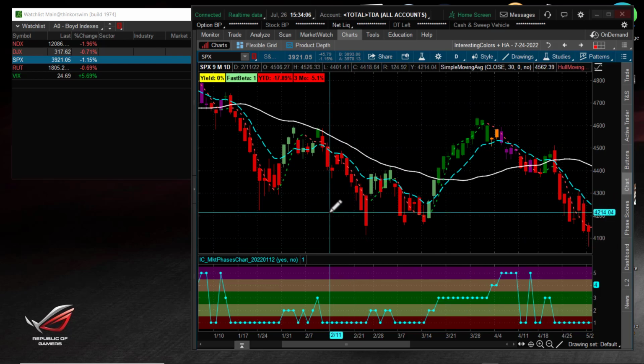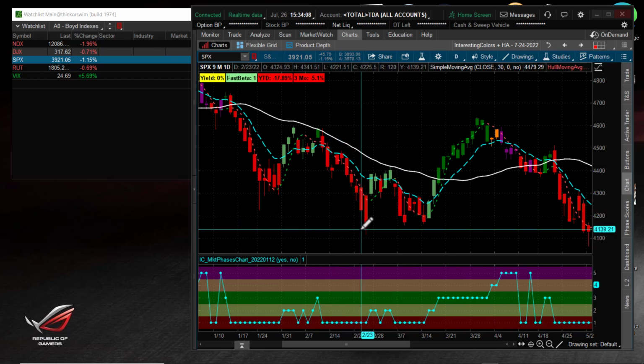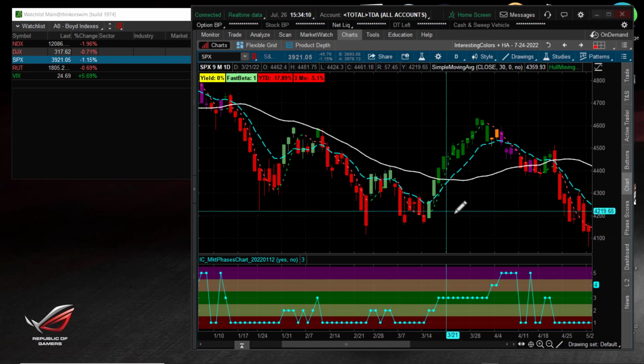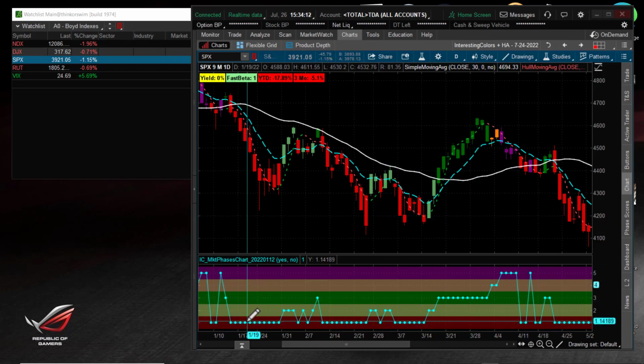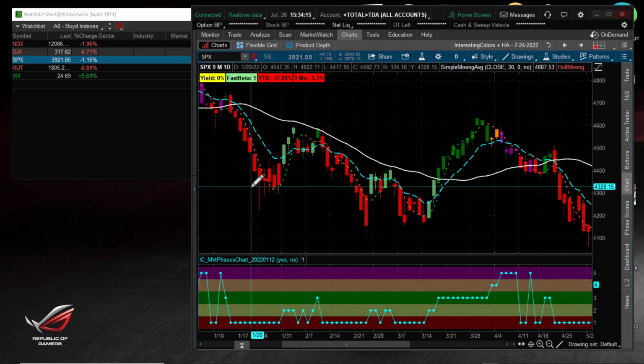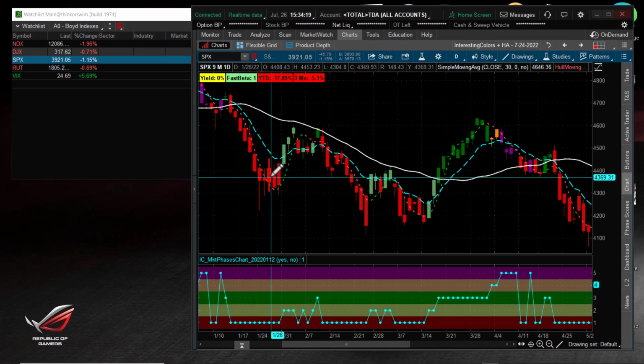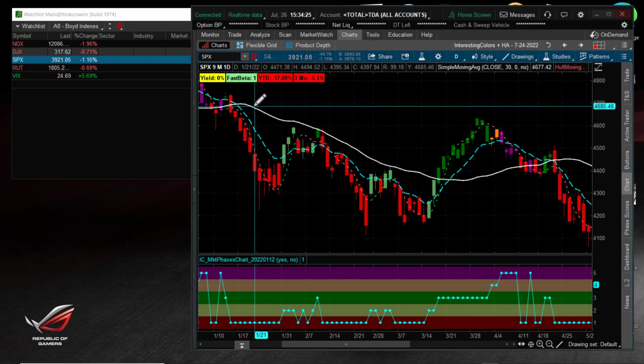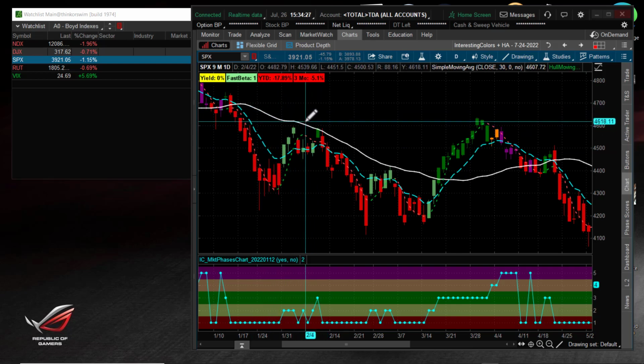Here's what it means. We'll start down here in phase 1. It means that the closing price of the stock is less than the 10-day exponential moving average, and it's less than the 30-day simple moving average.